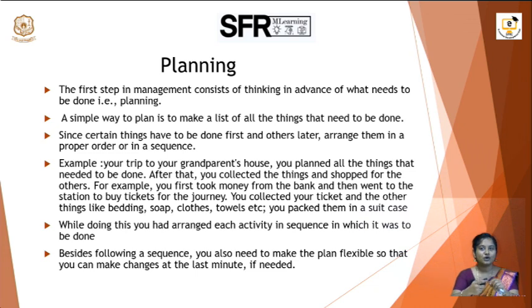Okay. If you are going to make any arrangements, if you are planning for a trip, what are the steps it should start with, from where to where it should go on. The sequence of the steps is planned in this first step, so that if we plan it in a better way, we can get a fruitful result. So, besides following a sequence, we also need to make flexible plans.